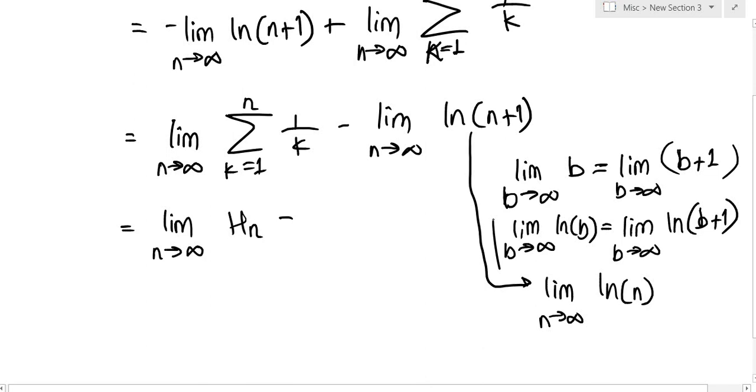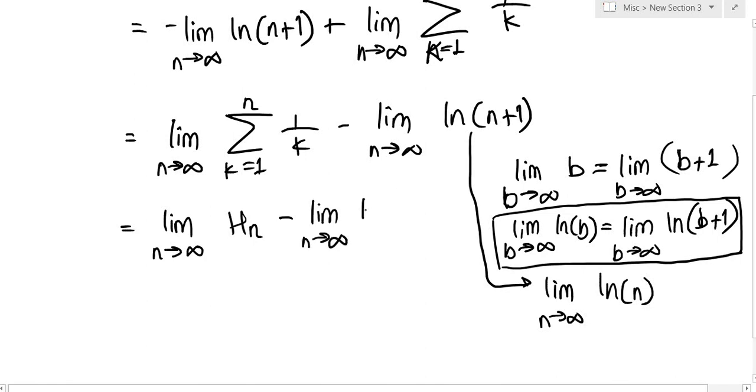Using this identity, or this fact rather. So instead of the natural log of n plus 1, we can write the limit as n goes to infinity of the natural log of n.